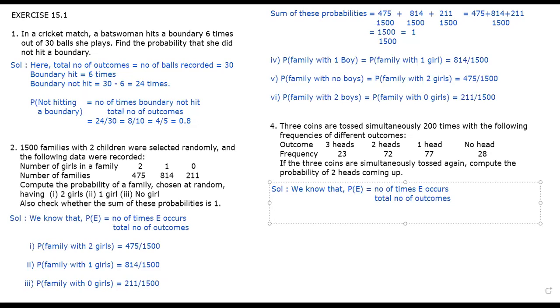So now number 1, probability of getting 2 heads is equal to what? Number of times 2 heads occurs upon total number of outcomes. How many? 72 upon 200.